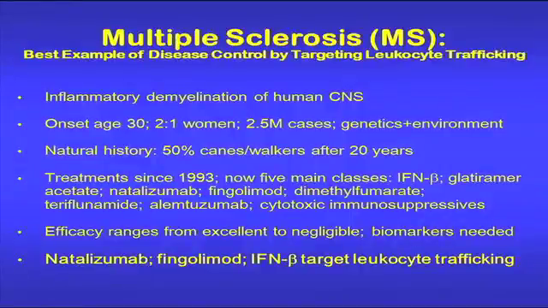Let's think about this science in the context of disease. Multiple sclerosis, an inflammatory disease of the central nervous system, is the best example of disease control by targeting leukocyte trafficking. MS has its onset really with quite a sharp peak around age 30.